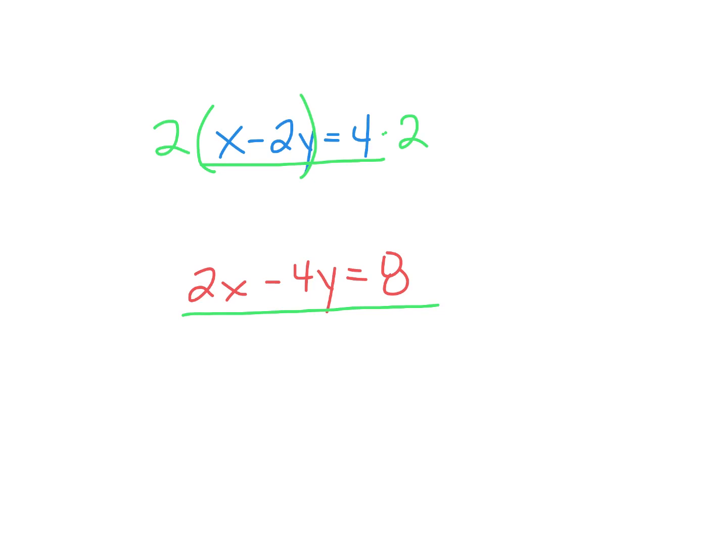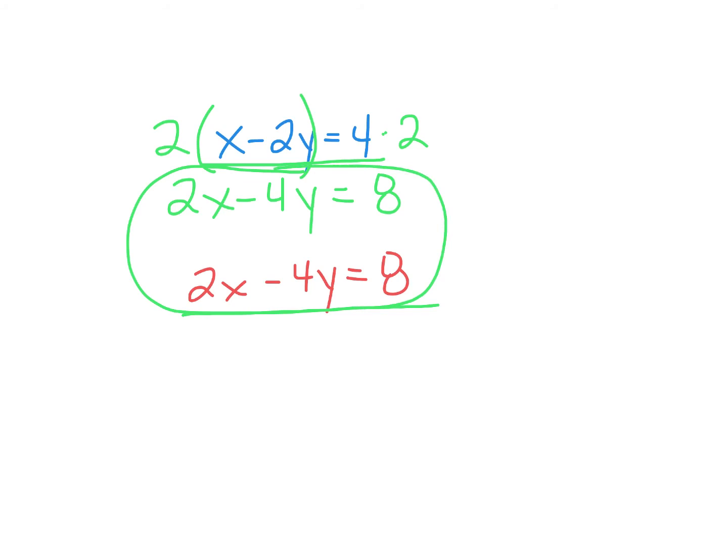Whatever I do to one side, I have to do to the other side. If I multiply the left-hand side by 2, I get 2x minus 4y. If I multiply the right-hand side by 2, I get 8, which is the exact same equation as 2x minus 4y is equal to 8.